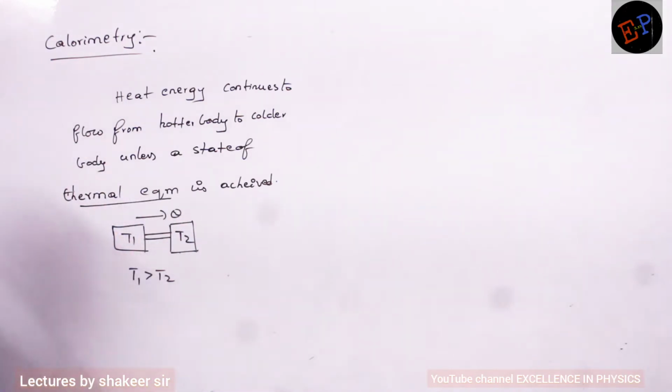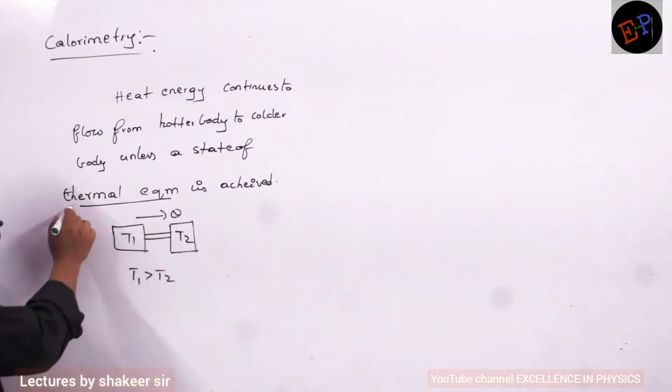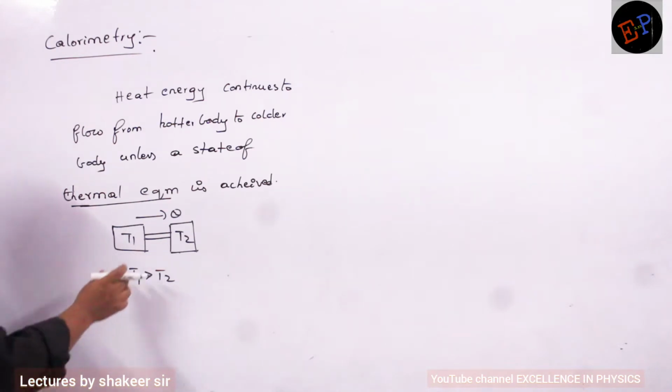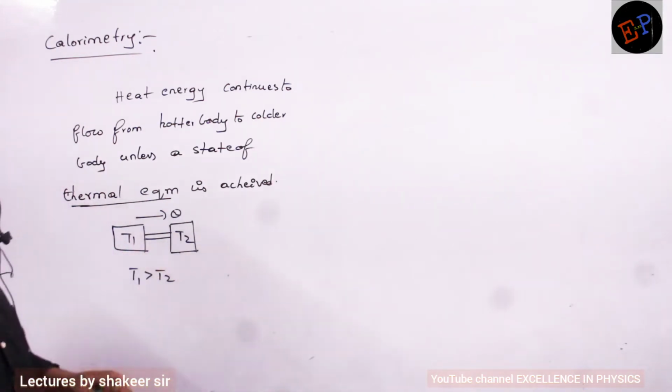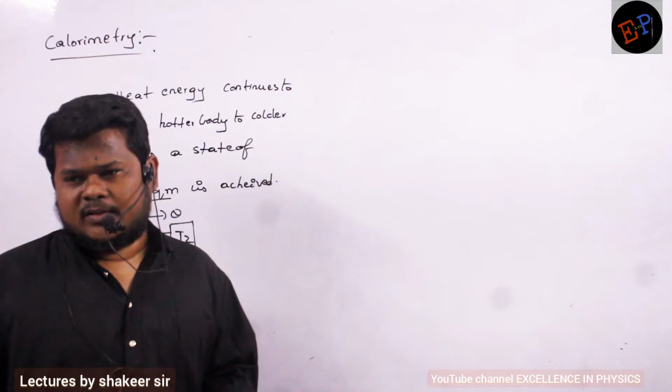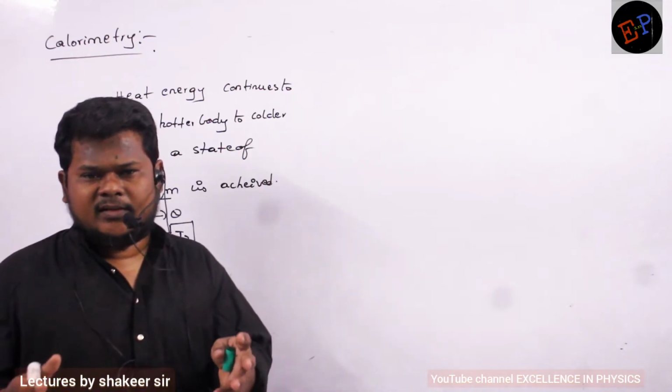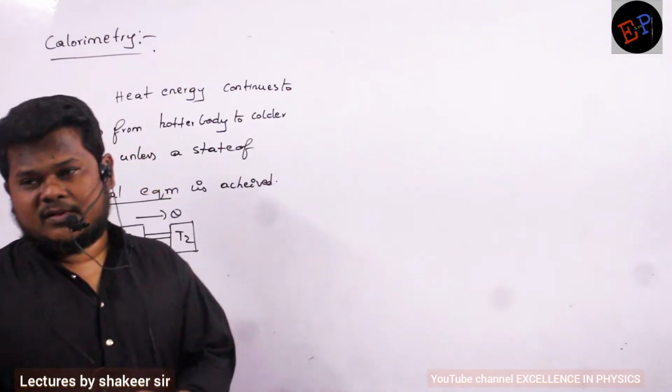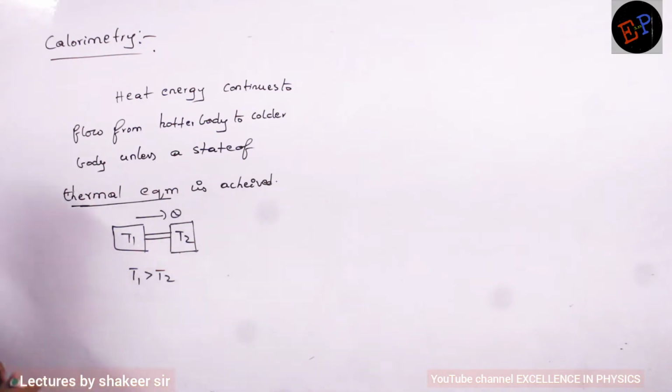So what is meant by thermal equilibrium? Thermal equilibrium is a situation where heat energy is not flowing from one body to another body. It means both the bodies should be at same temperature. That is called thermal equilibrium. Okay, so write down.